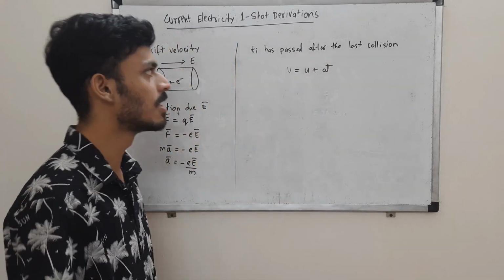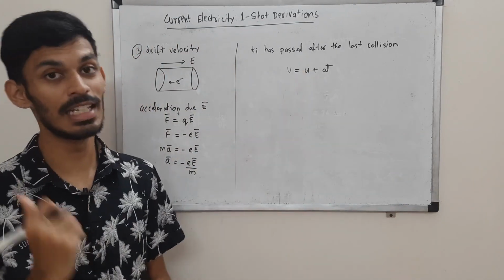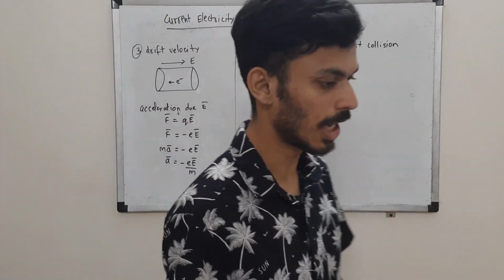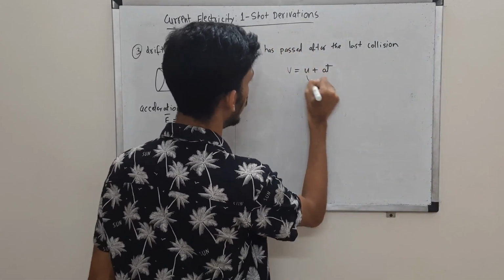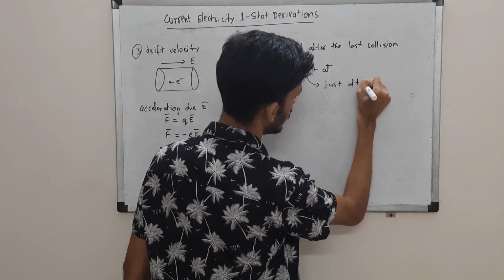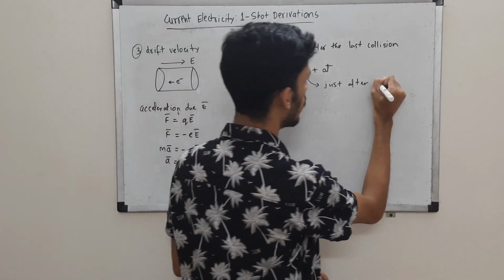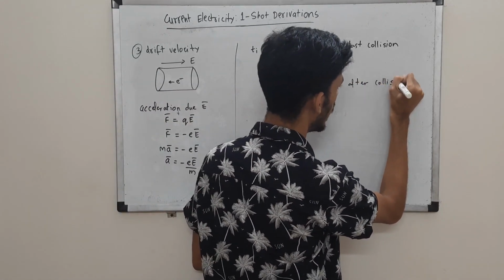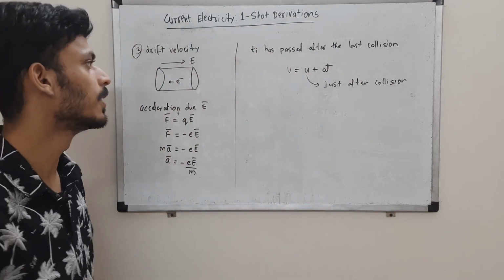So v will give us the velocity at the final instant. u is the initial velocity, that is the velocity just after the collision, right? Because that is the time we are starting our clock. Starting is just after collision and some time Ti after it. The time interval is 0 to Ti, right?